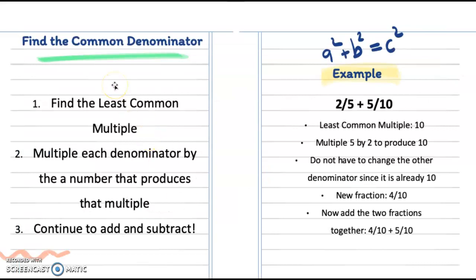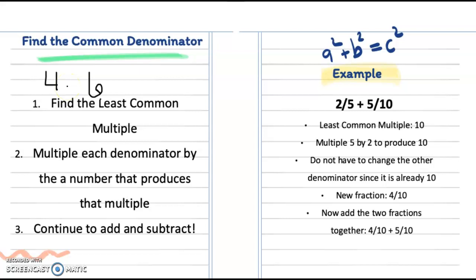So, steps in finding the common denominator. We need to multiply the denominator and the numerator by the least common multiple of the denominator. The least common multiple is a number that both denominators can be multiplied to reach. For example, let me write it so you can see. If we were to look at 4 and 6, what's a number that they both have in common?